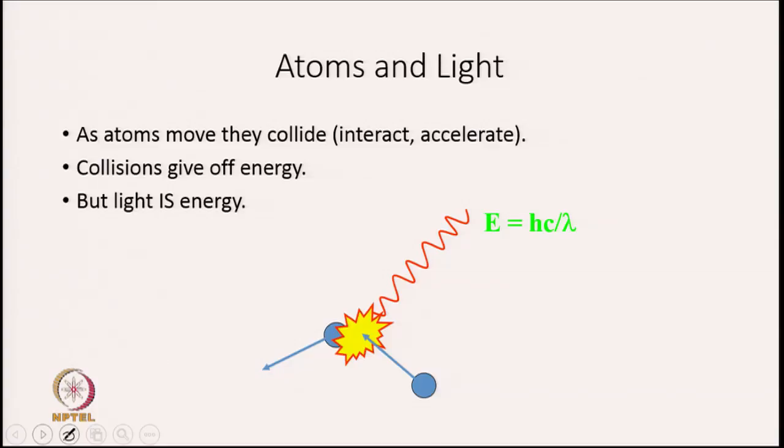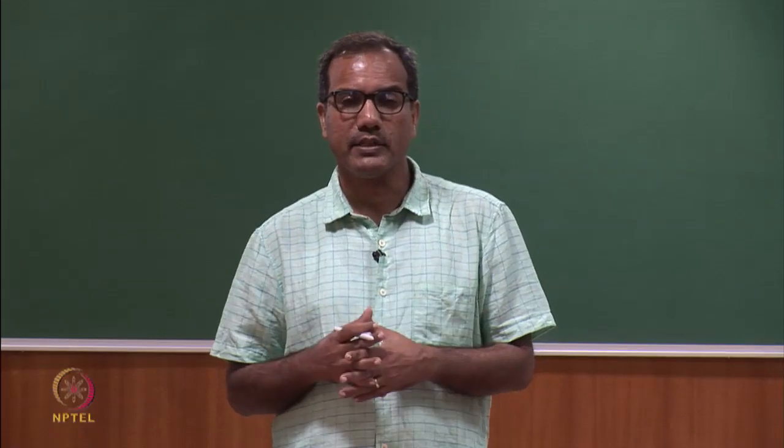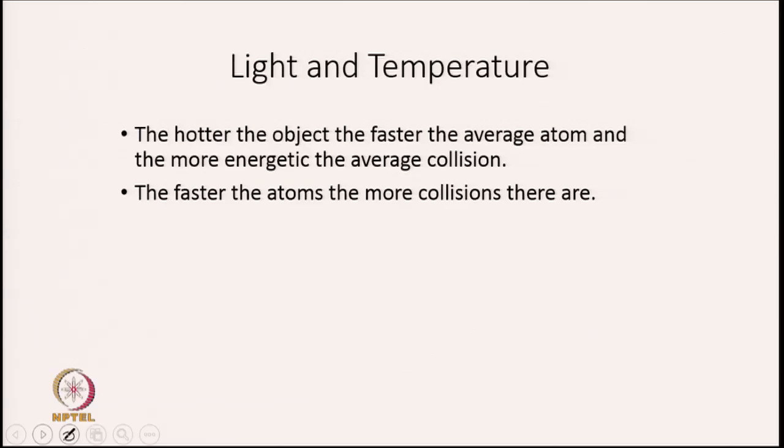As the atoms collide due to motion, the collision gives off energy, and the energy is emitted as light. So, the hotter the object, the faster the average atom and the more energetic the average collision.